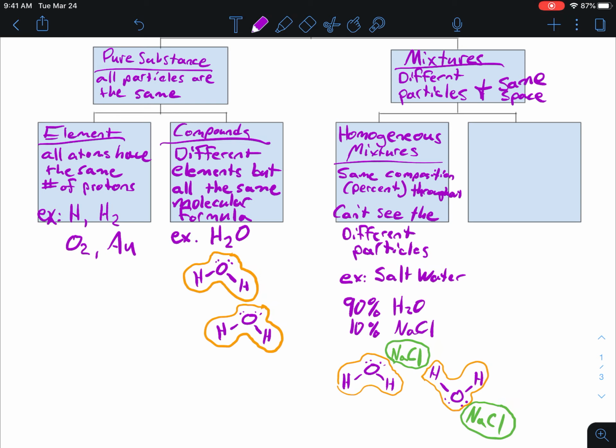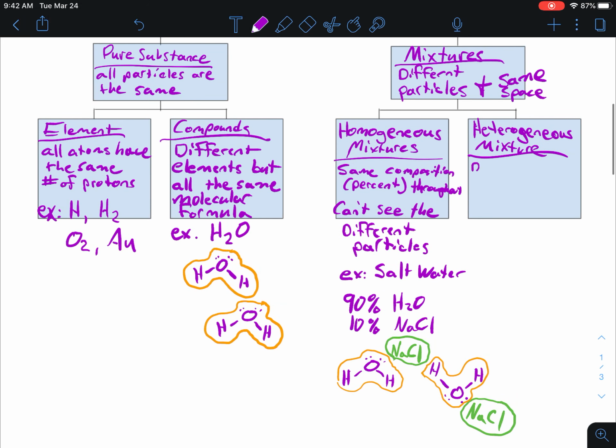Last one is heterogeneous mixture. The hetero meaning different. It's different composition throughout.